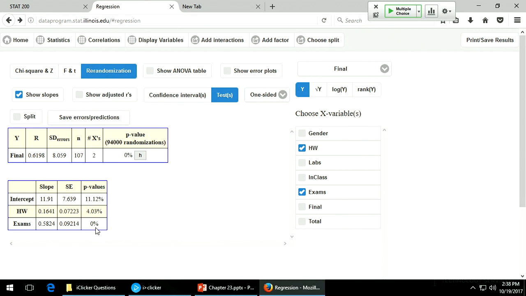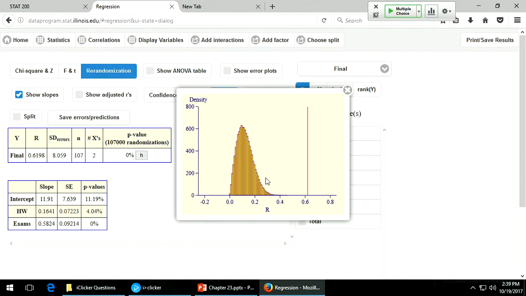Look how the homework, the p-value keeps staying at 0. For the exams, excuse me, for the exams, the homework isn't as significant as the exams. It keeps changing, but okay, so that's what we're going to do on the next page. So let's go to the next page and see what we're doing here.